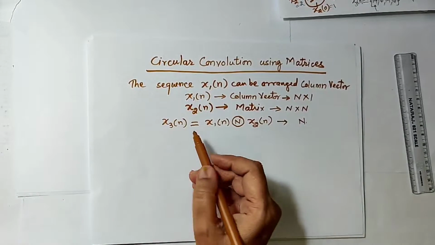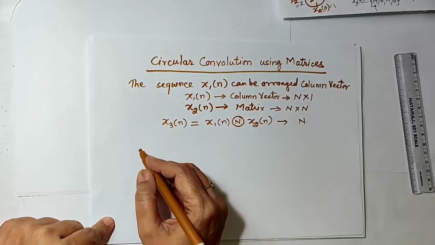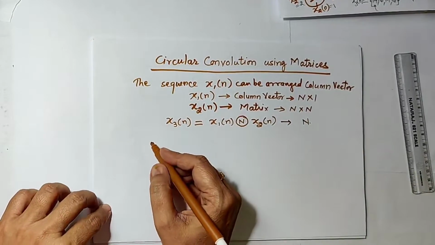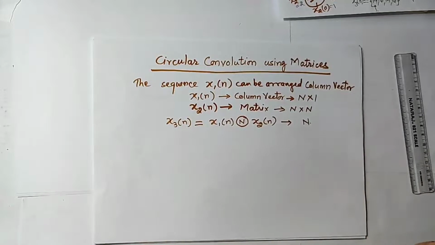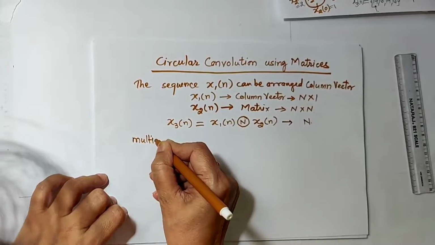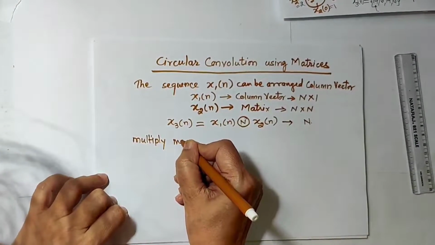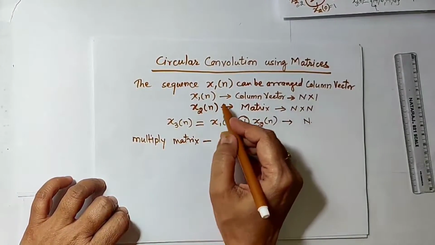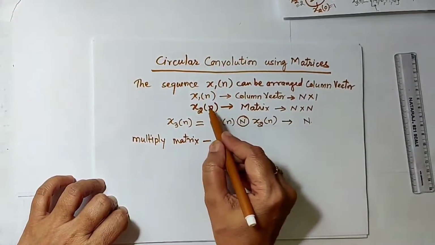Now, how to draw the matrix? I'll display the matrix multiplication in a way that takes x1 and x2.